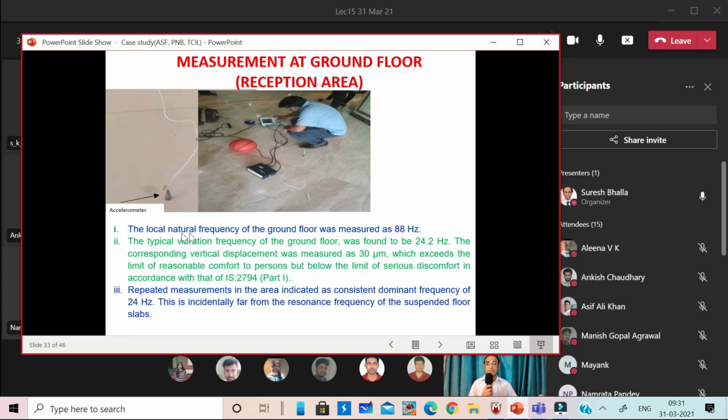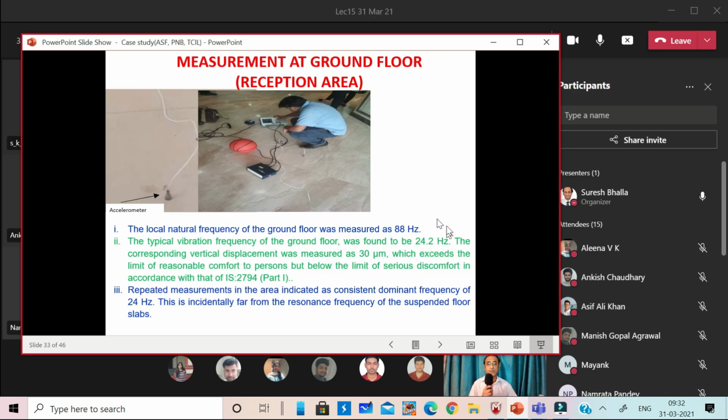So we found that the natural frequency of the ground floor was measured at 88 Hertz, and this was when the disturbing vibrations were not there, and we also measured the disturbing vibrations. So we found that the frequency of the disturbing vibrations was 24 Hertz. Now here there was a contention.